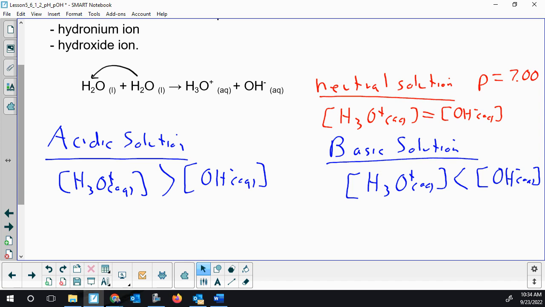We've got more hydroxide, and we've got this tiny amount of hydronium from the auto-ionization of water. So as we talk about the pH scale and pH and pOH, we're always going to have both species in solution, regardless of whether it's acidic or whether it's basic.